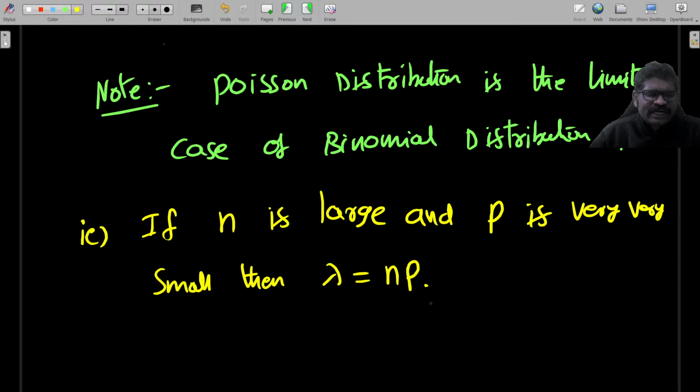Whenever you find that n is large and p is very, very small, you can understand that the problem is designed on Poisson distribution. Instead of applying binomial, better to go for Poisson distribution.